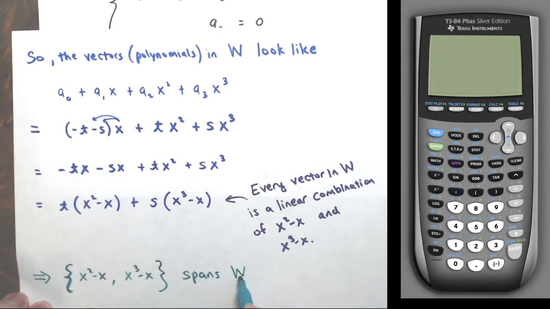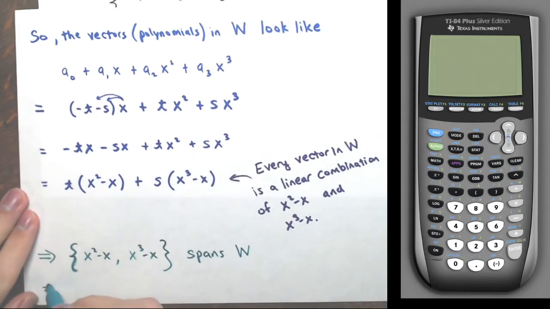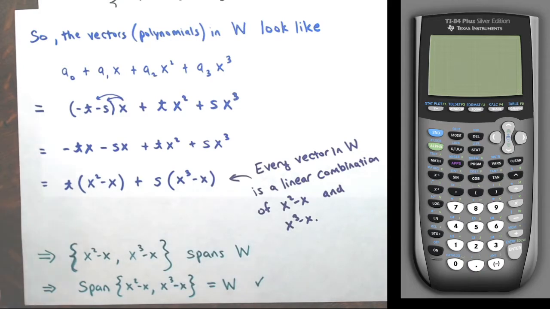Every vector in W, every polynomial in W, we have seen can be written as a linear combination of just these two. Or another way of saying that is that the span of this set, the set with x squared minus x and x cubed minus x, is equal to W. All right, so that's great.